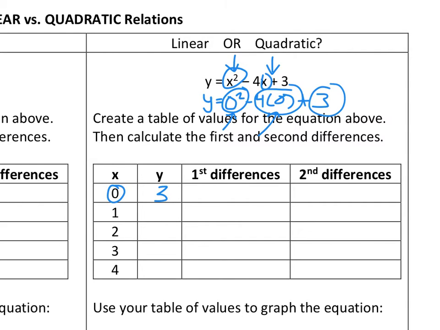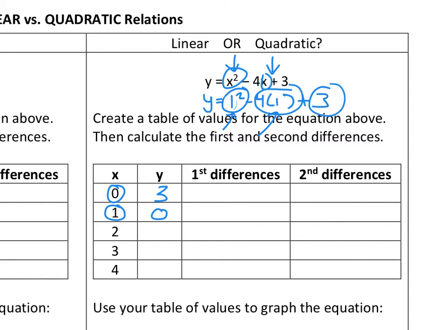Now I'm going to do the next one, but instead of zeros, what number am I going to write in? That's right, I'm going to replace it with now a 1. So I'm going to use my calculator, 1 squared minus 4 times 1 plus 3, press equal, and you end off with 0.